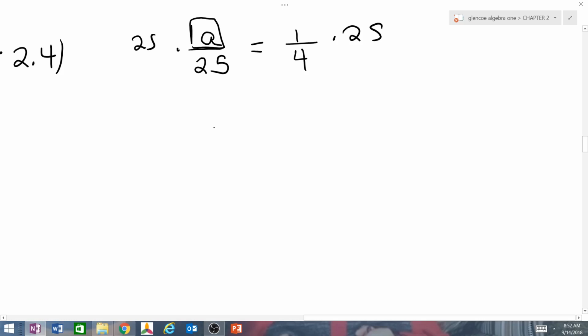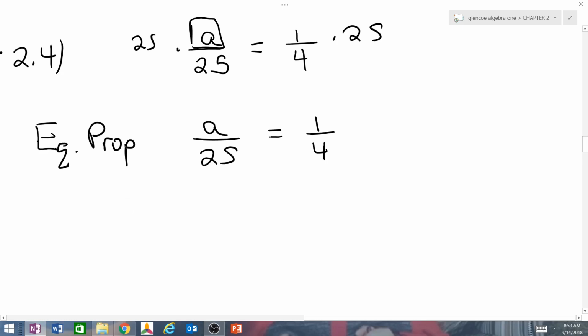Another way of doing it, and we're going to spend a lot of time on this: when you have two fractions or two ratios that are equal to each other, they are called an equal proportion. To solve an equal proportion, you cross multiply.